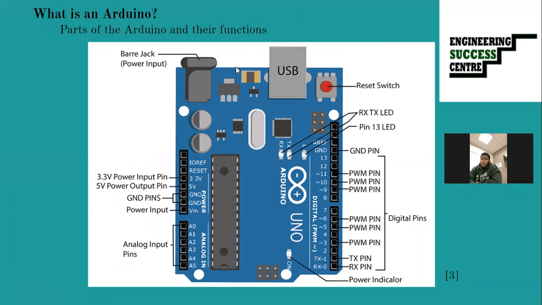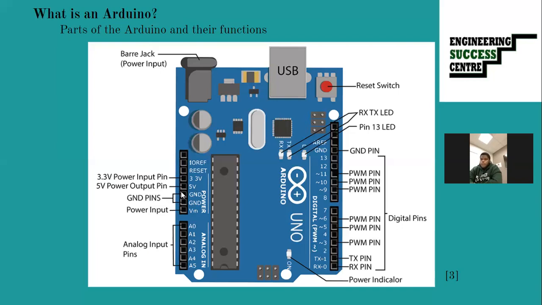It takes the power from your computer and splits it into different bands, like 5 volts or 3.3 volts. Usually 5 volts is more common. Most of the projects I've used Arduinos for, I've used the 5-volt pin. So it's just voltage to power your different sensors or your breadboard or whatever.